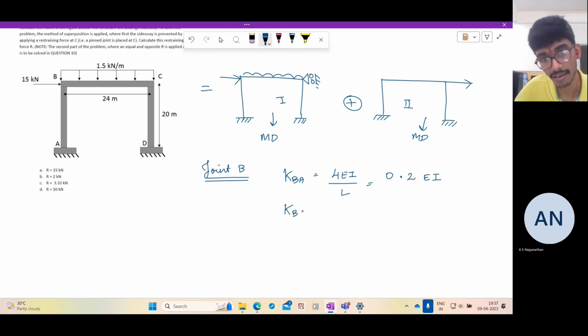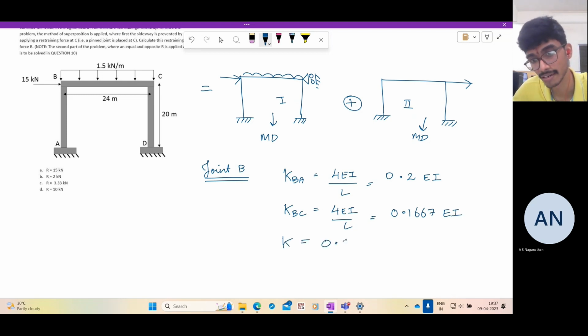What is KBC? In the initial step, when you restrain the rotations, KBC is 4EI by L again, but L is different, so it is 4 by 24, 1 by 6, so it is 0.16667 EI. So the total joint stiffness is 0.36667 EI.